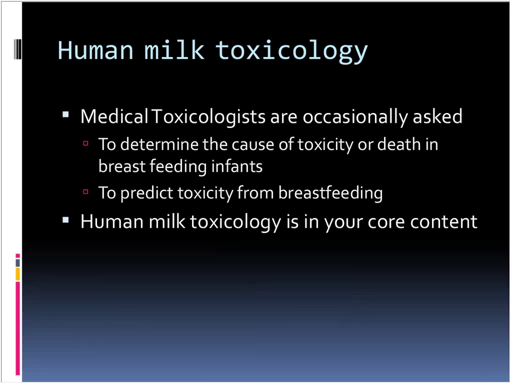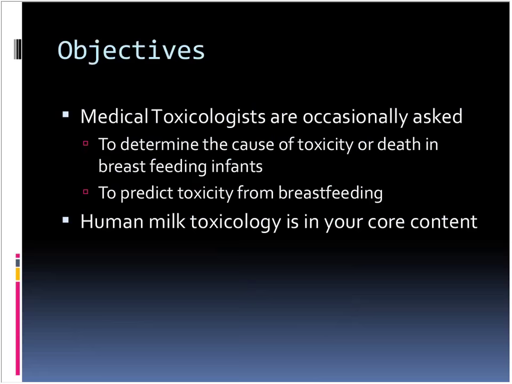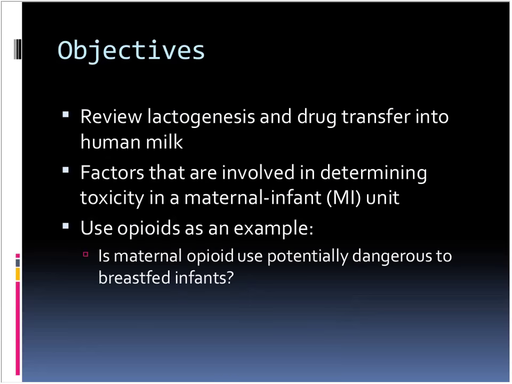And of course, human milk toxicology is in the core content, and it's an important thing for toxicologists to understand. So I'll review lactogenesis, which is the production of human milk, and then talk a little bit about the factors that determine toxicity, sort of the pathway from an ingested medication in the mother all the way to the infant, and the cause and potential toxicity there.